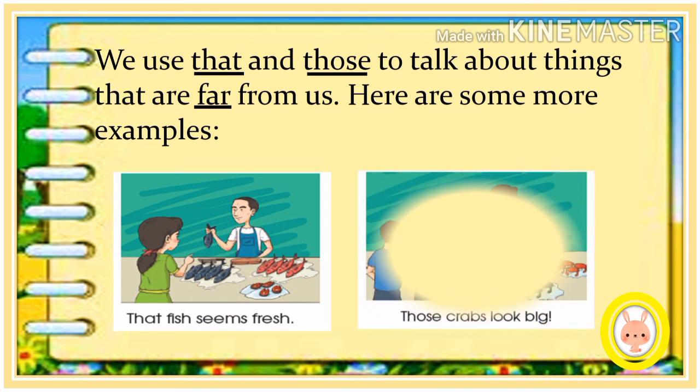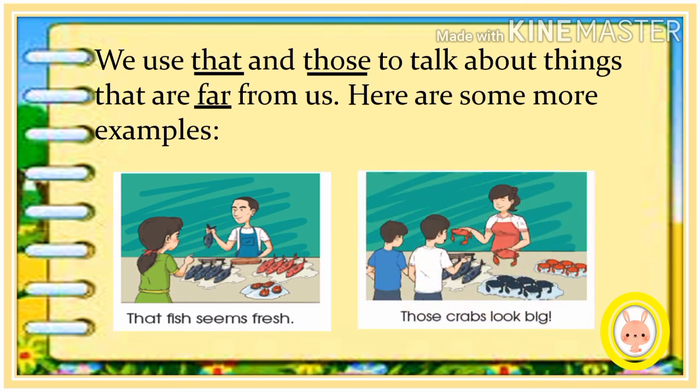Those crabs look big. So what are the demonstrative pronouns in this sentence? That and those. So as we can see, we use that because the noun is in singular form. And we use those because the noun is in plural form, the crabs.